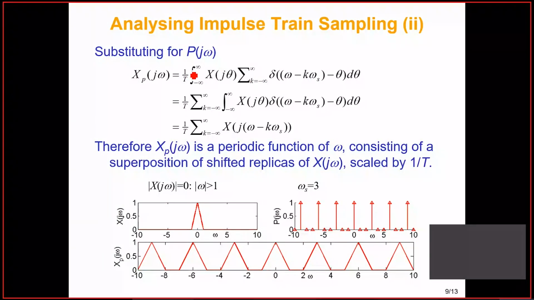So these shifted impulses multiplied by anything will give you the same thing shifted by the same amount, which is kω_s. So the end result is exactly what we saw in the separate slides, that X_p(jω) is just 1 over T times shifted versions of X(jω) located at multiples of ω_s.